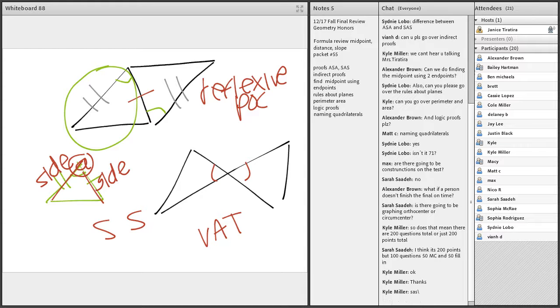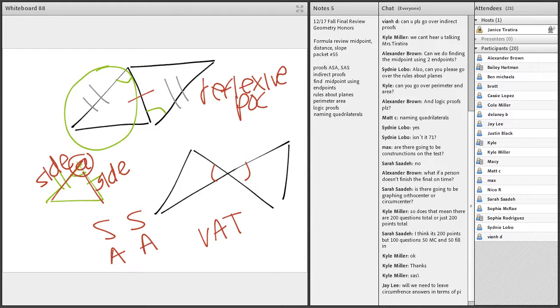So it's not angle side angle. It can't be that because there's no two angles labeled. So you're just hoping in this scenario that the actual angle is in between the two marked sides, and it is. So that's how it's side angle side for this case.